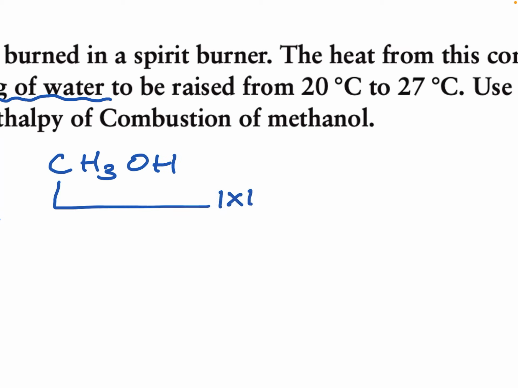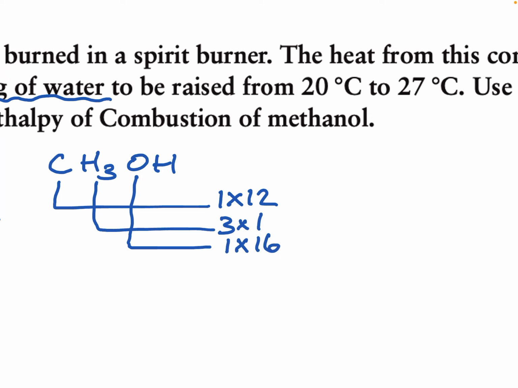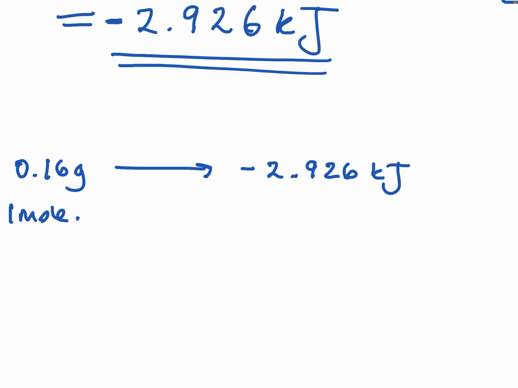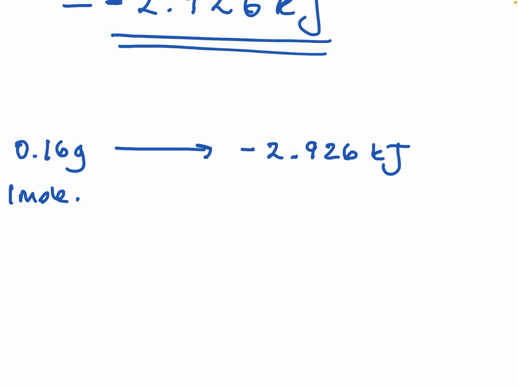That means we've got 1 carbon, which is 12 grams. We've got 3 hydrogens, which are each 1 gram. We've got 1 oxygen, which is 16 grams. And we've got 1 hydrogen, which is 1 gram. So all adds up to 32 grams. So go back down to where we were working here, and we now know that 1 mole is 32 grams.